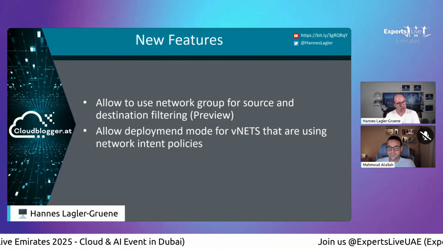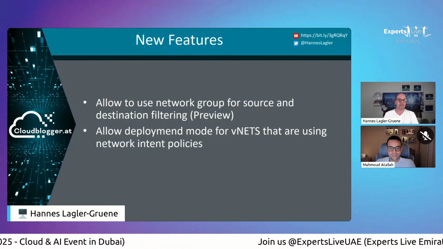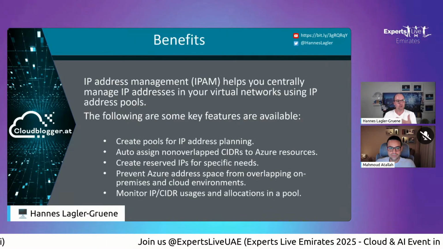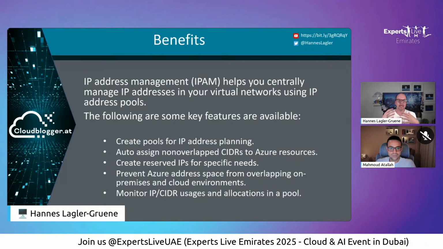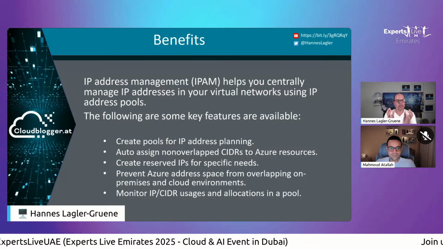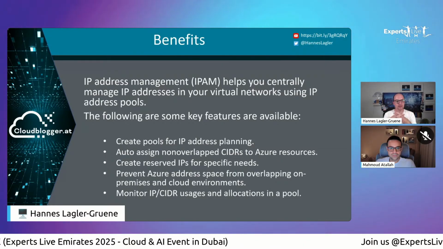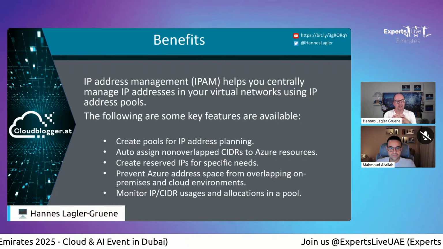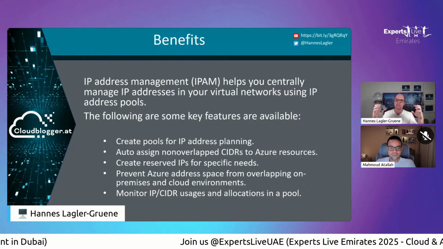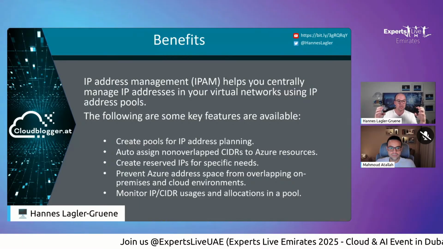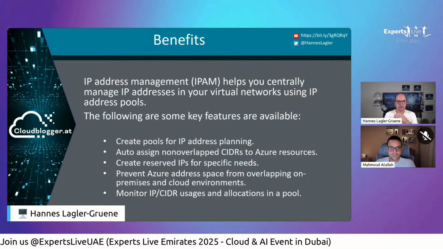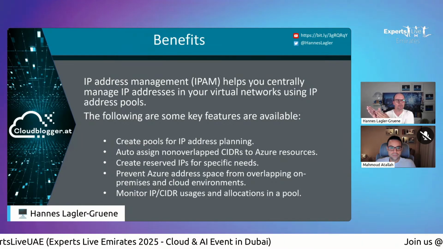The next feature of Network Manager is IP address management. It's currently in preview, but what you can do is assign your virtual networks. You can create your IP address pool and assign non-overlapping CIDRs to Azure resource groups. You can also see how many IP addresses are currently in use, and which IP addresses are in use inside Microsoft Azure.